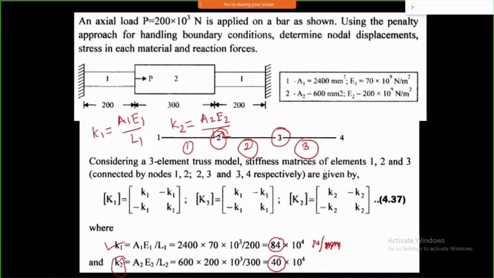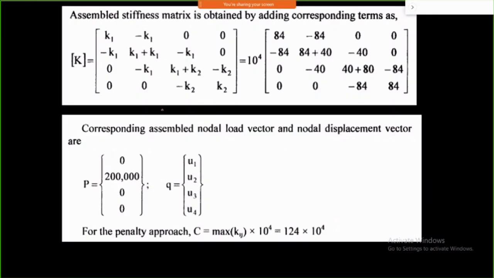So only these two diagonal elements will be added up. Diagonal elements will always be positive. So here it is 84 plus 40, 40 plus 80, and you get these equations.